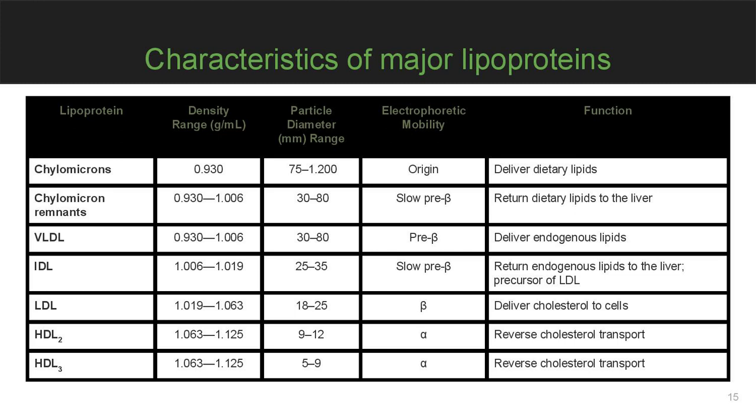High-density lipoproteins, we have several fractions of this transport form. They provide reverse transport of cholesterol into the liver from peripheral organs.